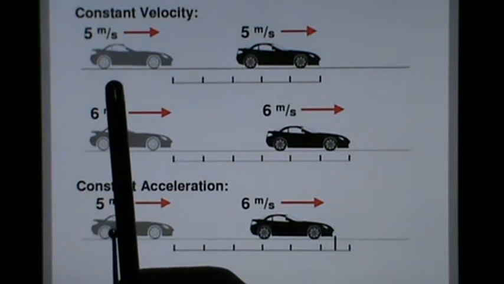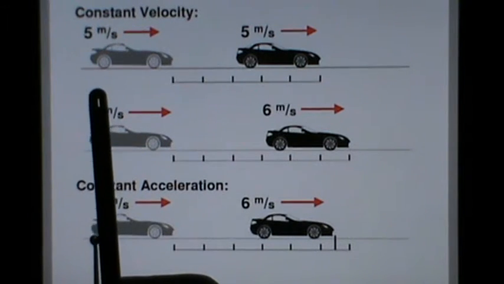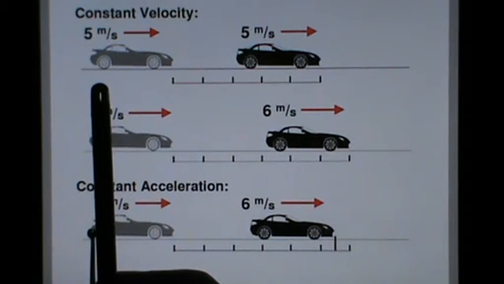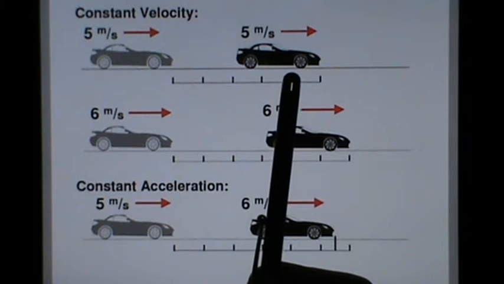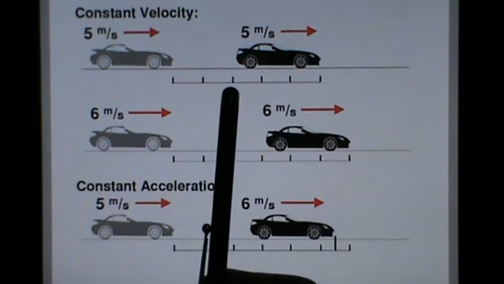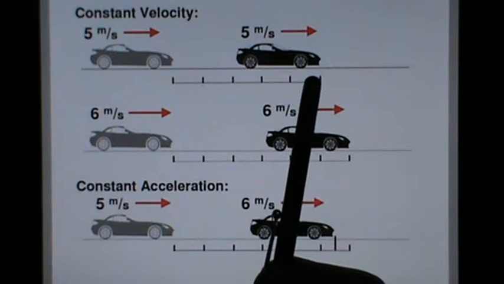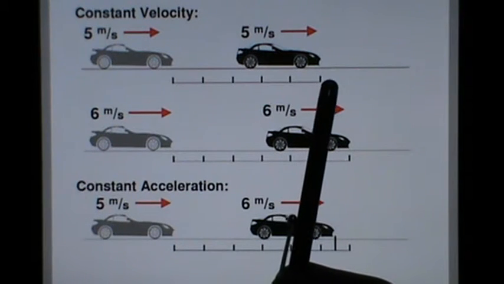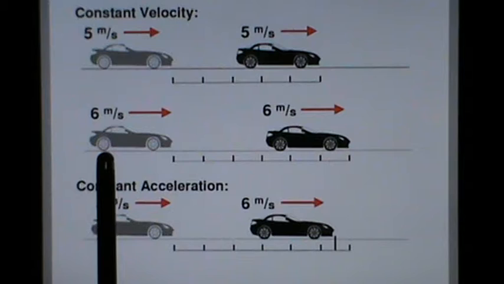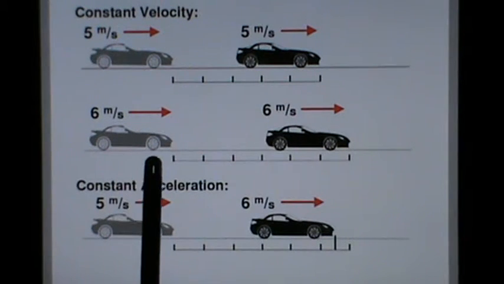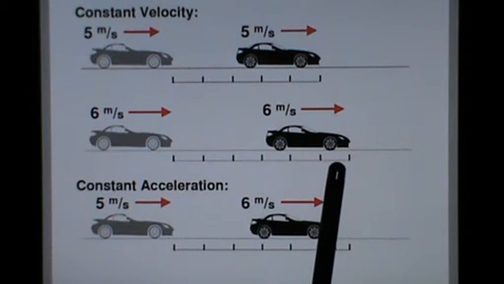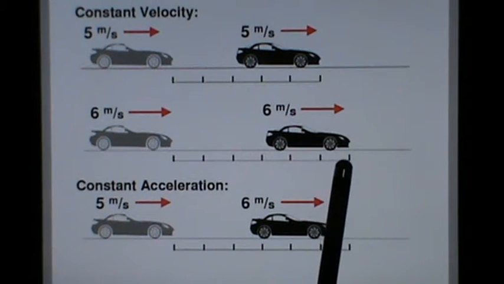Suppose here we have a car and it's moving with a constant velocity 5 meters per second. You can tell that after 1 second, the distance traveled by this car is 5 meters. And if the car is moving with constant speed 6 meters per second, then the distance traveled after 1 second will be 6 meters.